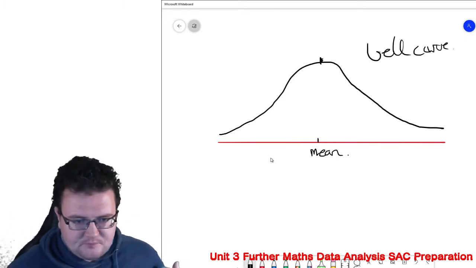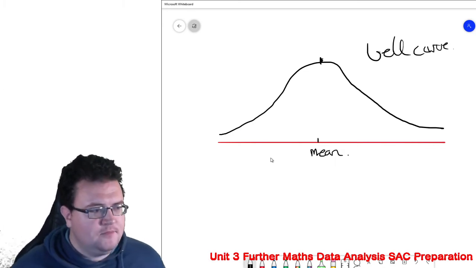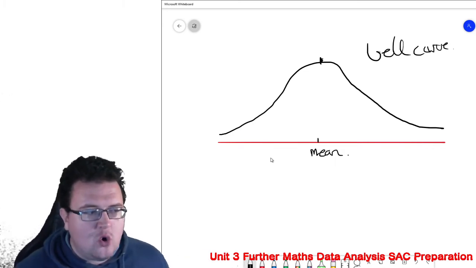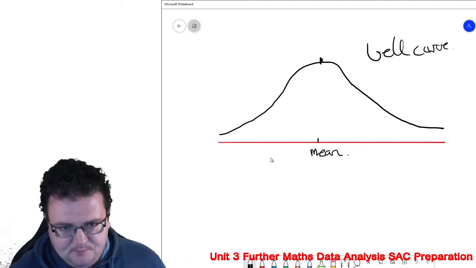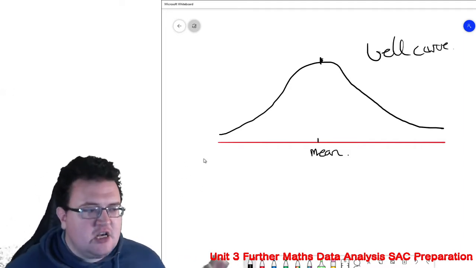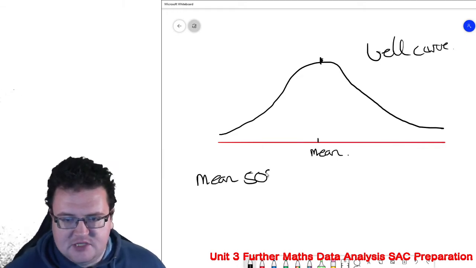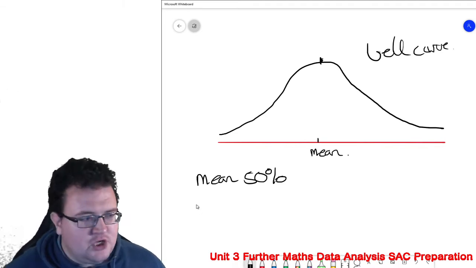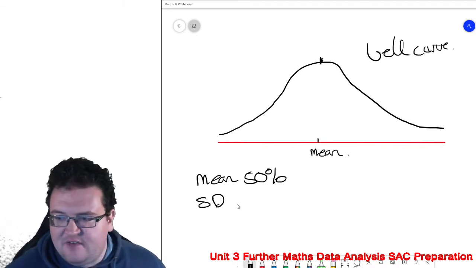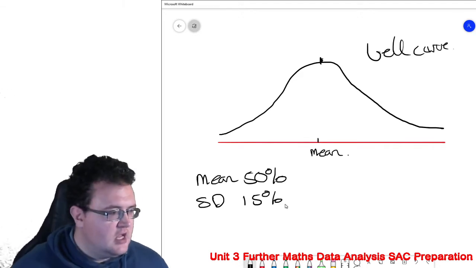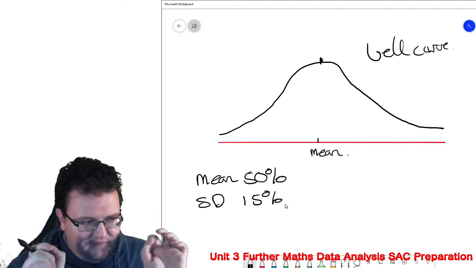So, for example, if we're talking about scores on exams, in an ideal world, you will have a mean of 50%. And you'll have a standard deviation of 15%. So a standard deviation of 15.